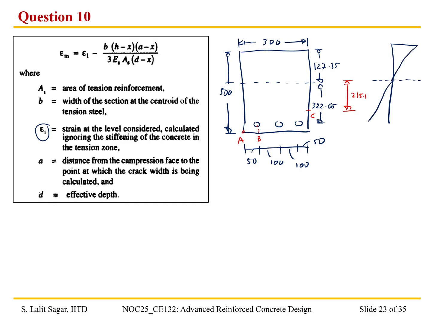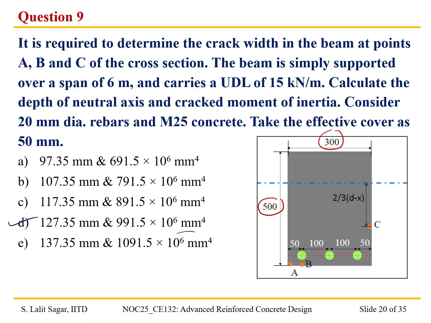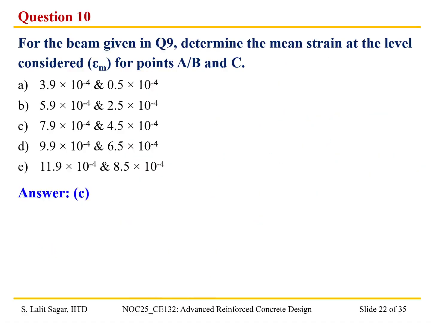The strain is 0 at the location of the neutral axis, right? So we need to determine the value of the moment. It is having a span of 6 meters, UDL of 15 kilonewtons per meter. Okay, let me solve it over here. This is the UDL, right?